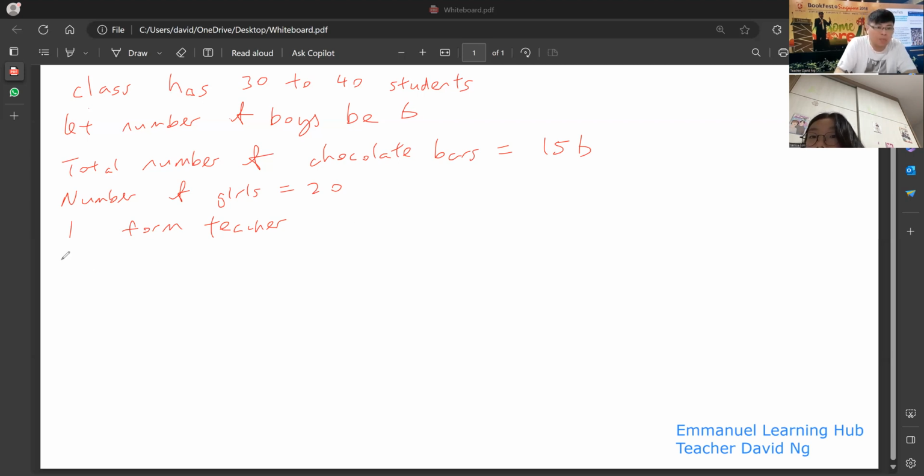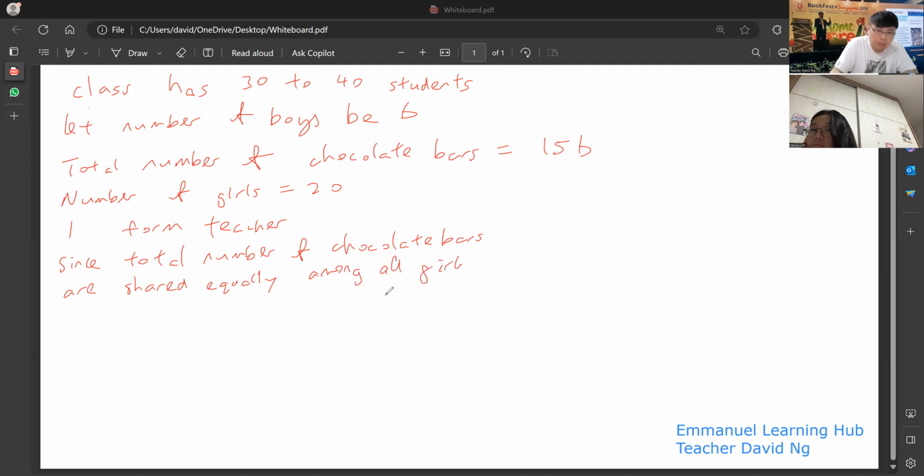So since the total number of chocolate bars are shared equally among all the girls and the form teacher.